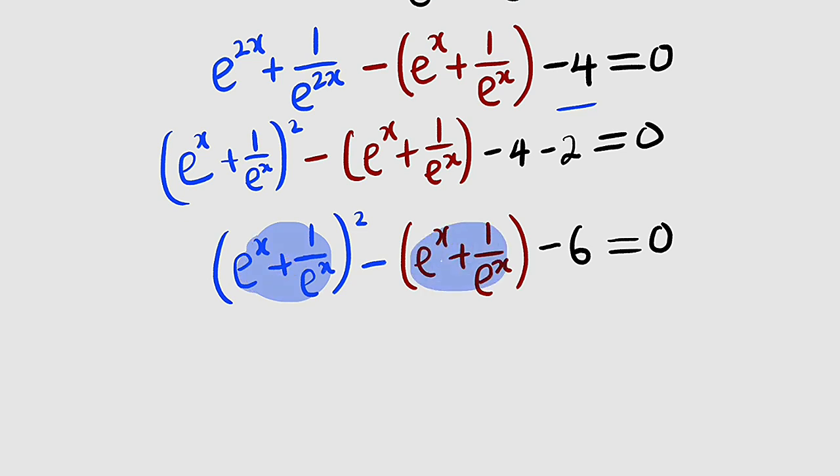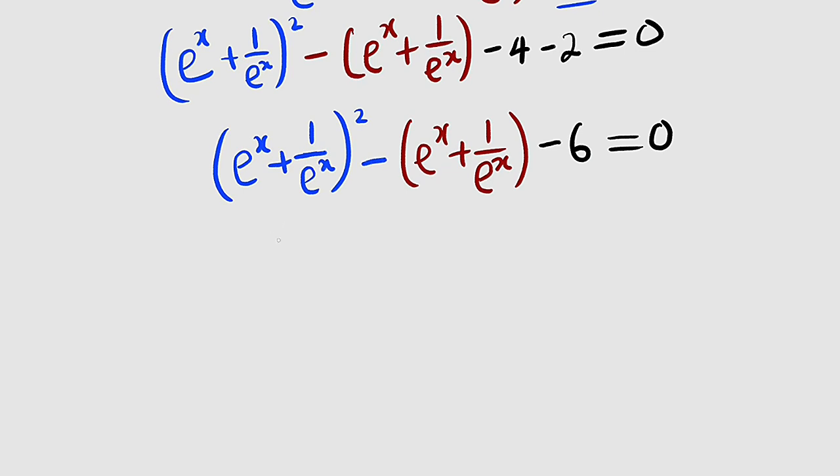So we're going to think of two numbers which, when we multiply them together, we get the constant, which is negative 6, and when we add them together, we get the coefficient of the middle term, which is negative 1 right here. And the numbers are 2 and negative 3, because 2 multiplied by negative 3 will give us negative 6, and 2 minus 3 is minus 1, right?